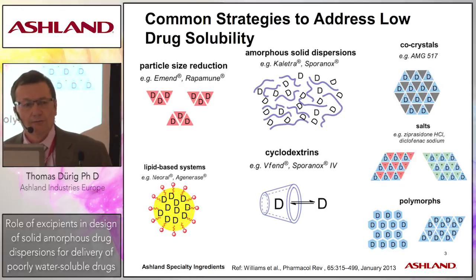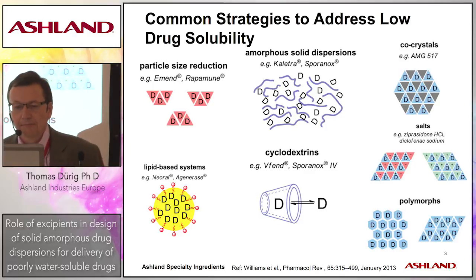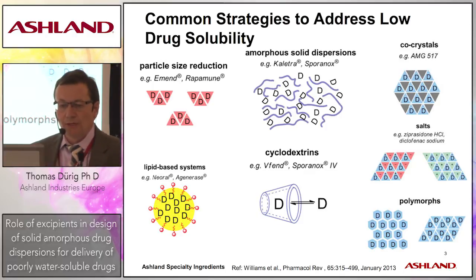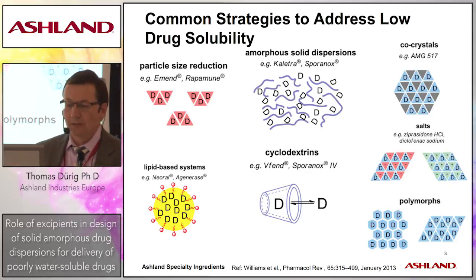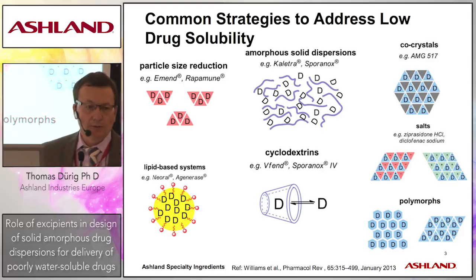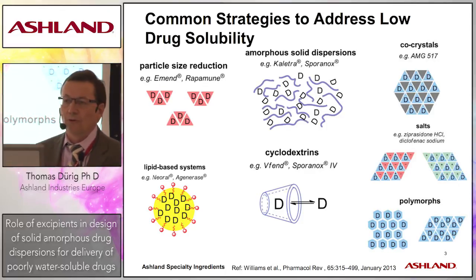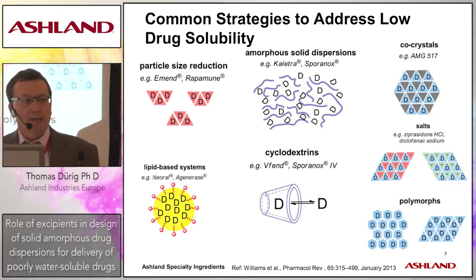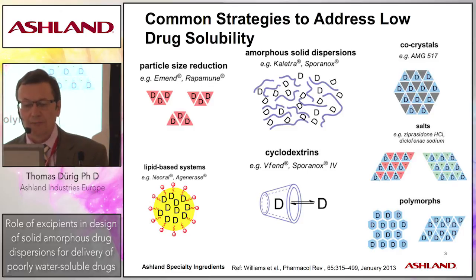One can also formulate co-crystals, where you form a co-crystal between a drug and another ingredient. And then, of course, lipid-based systems, emulsions, nano-emulsions would be another solution to these poorly soluble, oil-soluble compounds. And cyclodextrins or other kinds of complexes, where we form a complex between drug and an excipient or polymeric carrier, is another option.